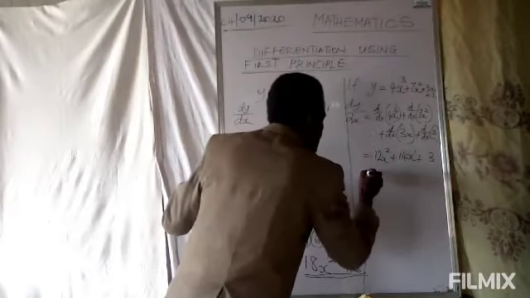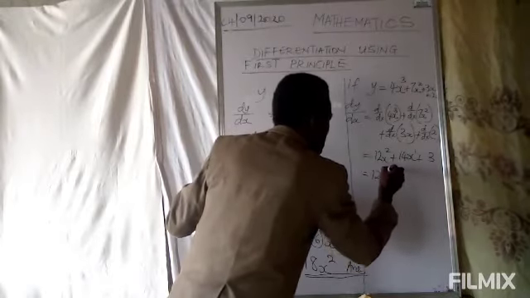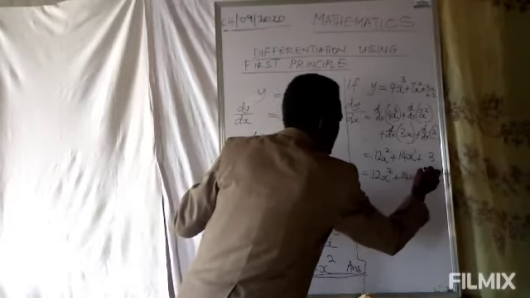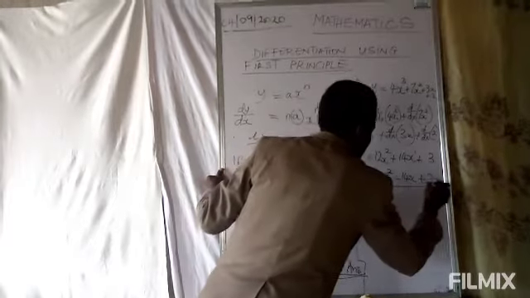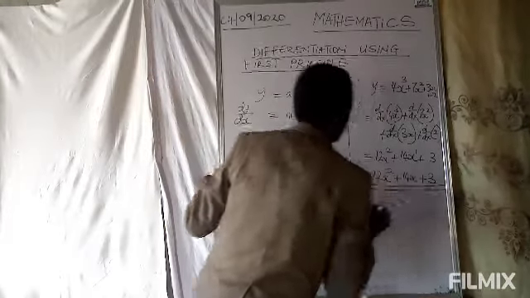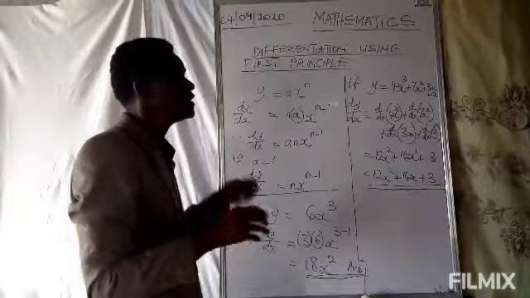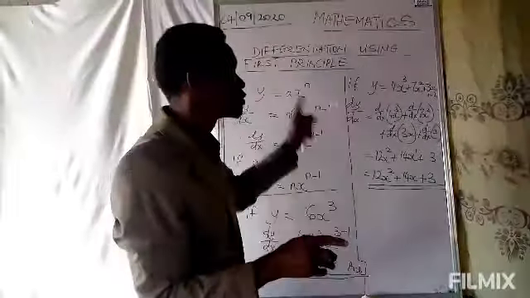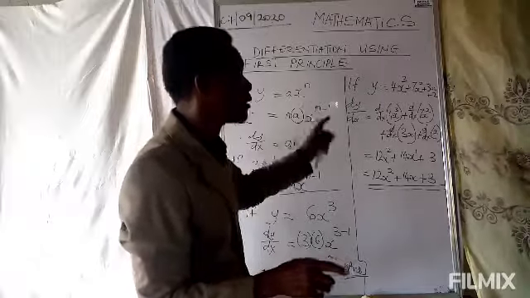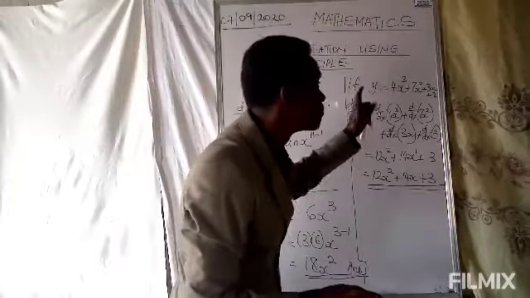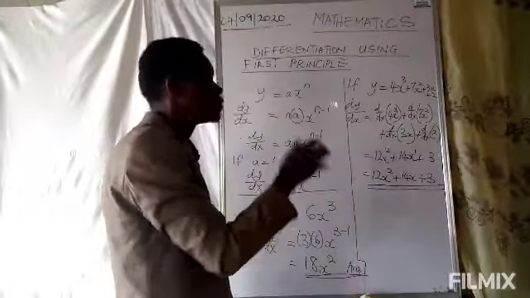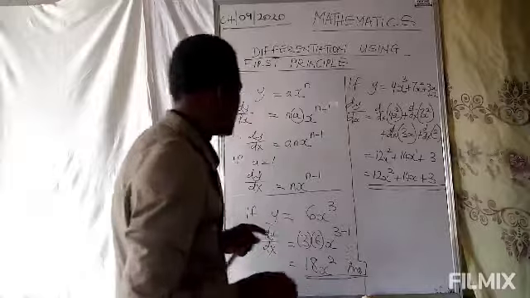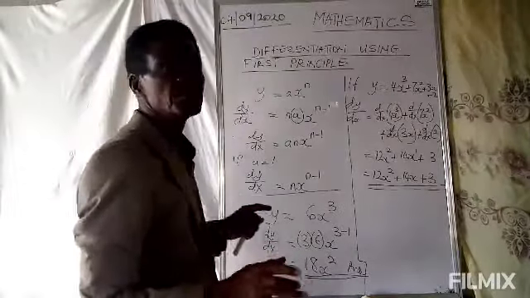Therefore, all becomes 12x squared plus 14x plus 3. And that is the final answer. That is if y is equal to 4x cubed plus 7x squared plus 3x plus 2, then dy dx becomes 12x squared plus 14x plus 3. Okay. So this is first principle.